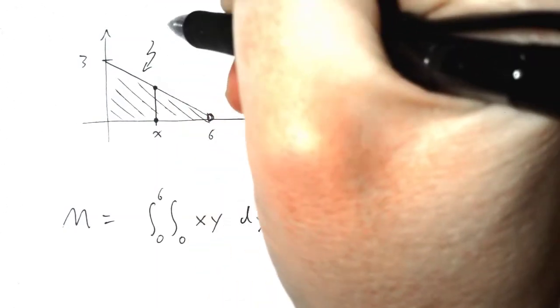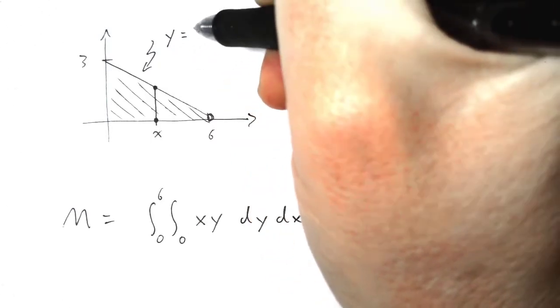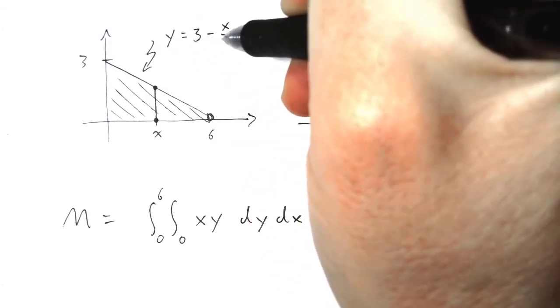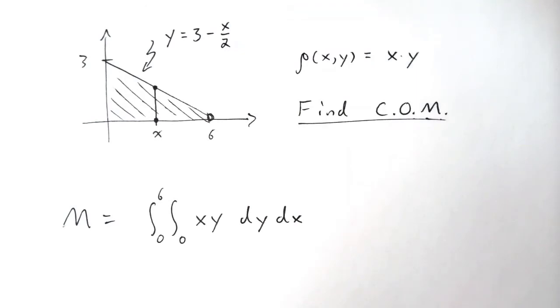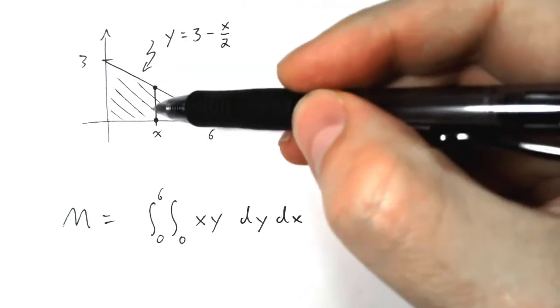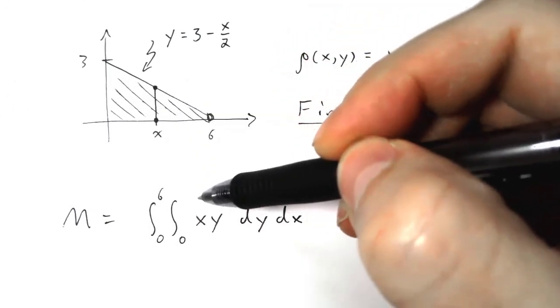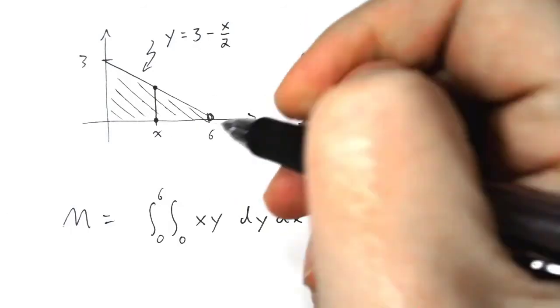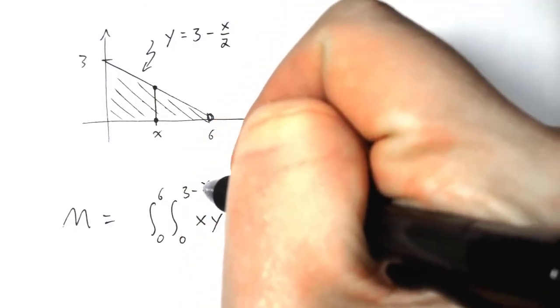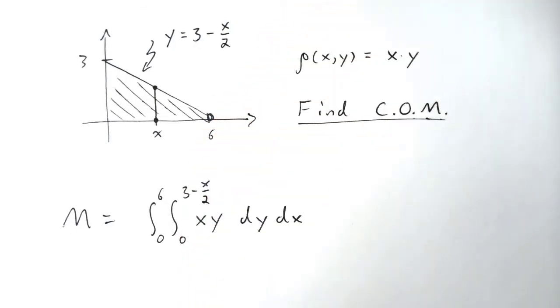So I know the equation for my line is 3 minus x over 2. Just basic algebra there. So that is the y value that gives me the height of the line above any given x. So that's exactly the height that I need to go to: 3 minus x over 2. So this is the double integral that we need to do.